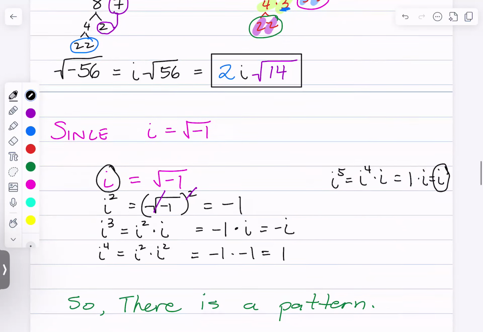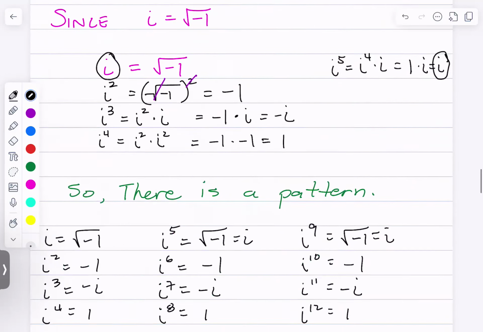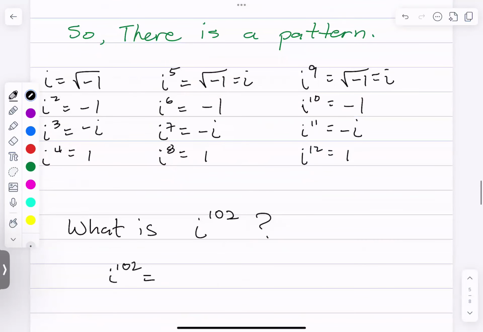That is the pattern. i equals the square root of negative 1. i squared equals negative 1. i cubed equals negative i. i to the fourth equals 1. i to the fifth is i. i to the sixth is negative 1. i to the seventh is negative i. And then i to the eighth is 1. And it's going to go through this pattern again and again.